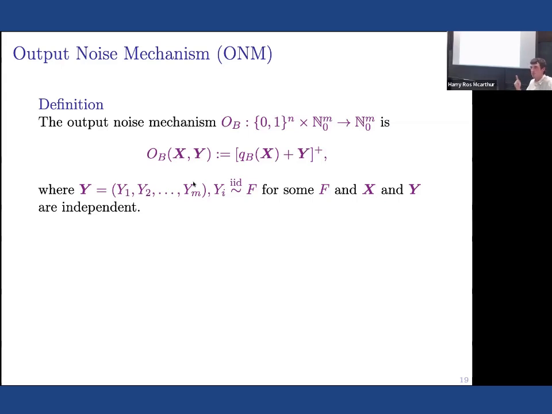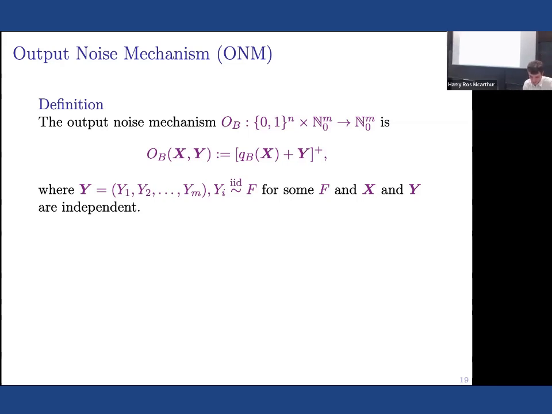And I'm going to assume that the random variables X and Y will be independent from each other. I'm also going to assume that the entries of the vector Y are going to be independent and identically distributed.